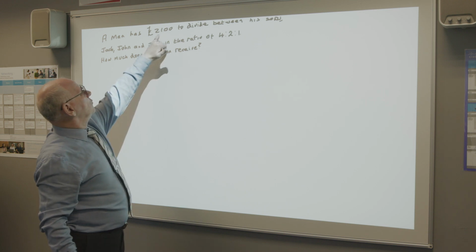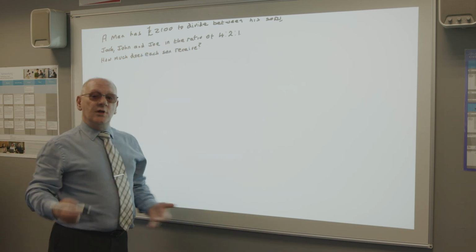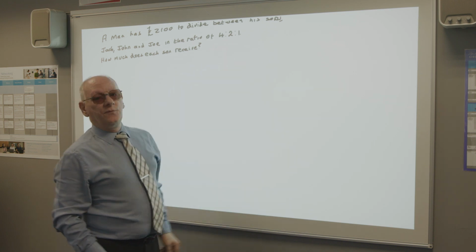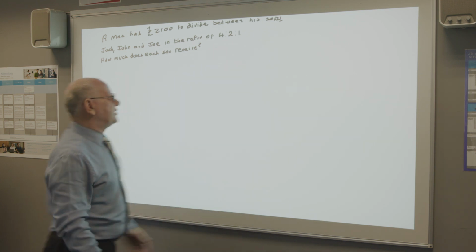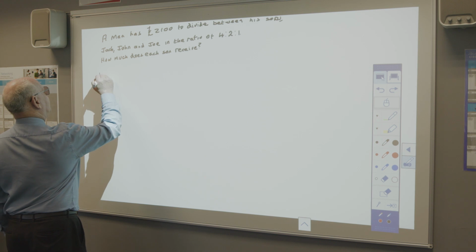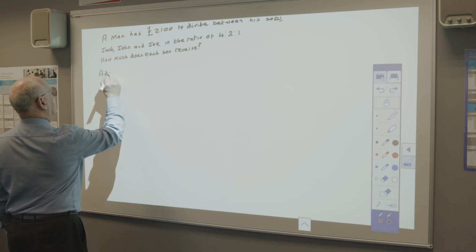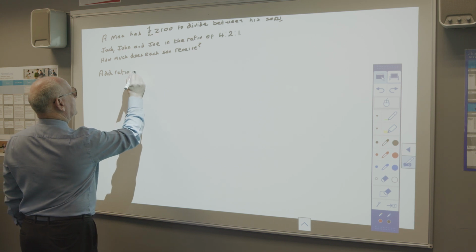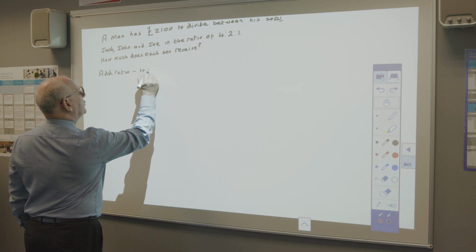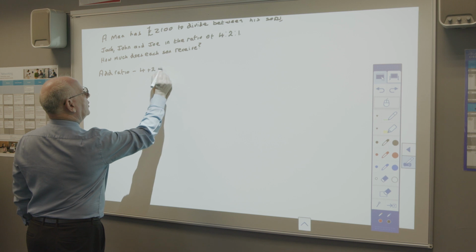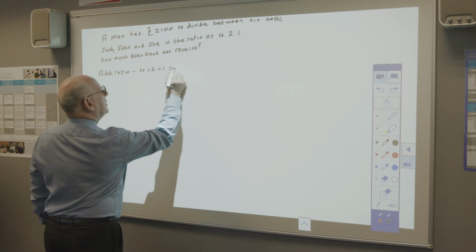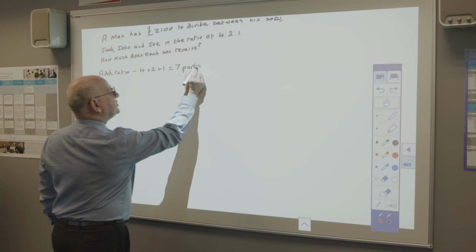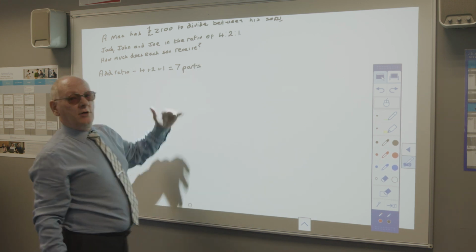We've got a total. So we know, because we've got a total, we've got to add the 3 parts of the ratio. So, add the ratio. Four plus 2 plus 1. So the ratio consists of 7 different parts.